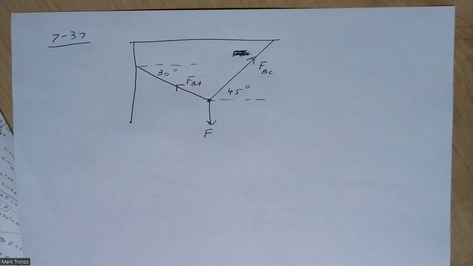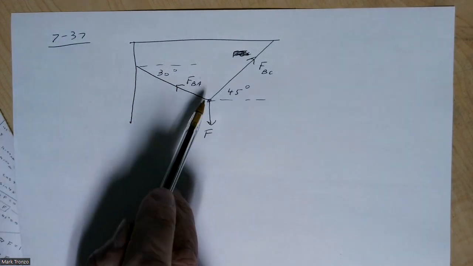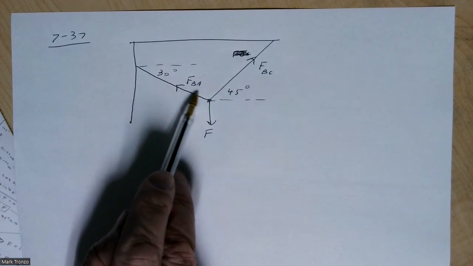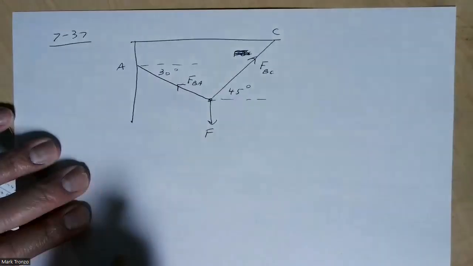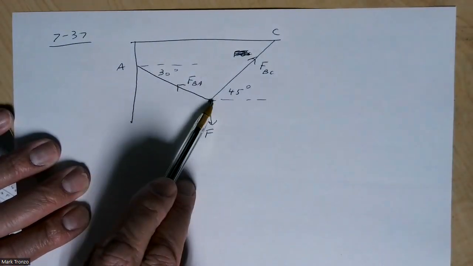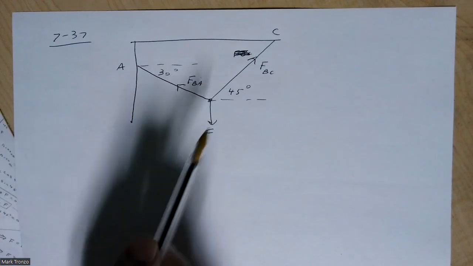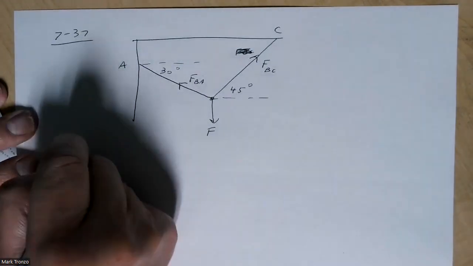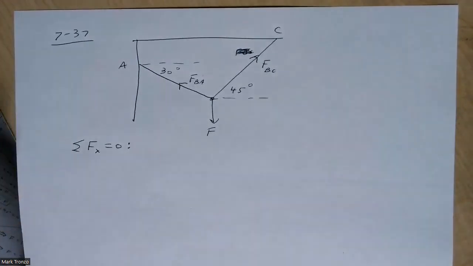Now for 7-37, what we're going to have to do first of all is find FAB or BA, whatever you want to call this one, because this was A and this was C. So we're going to have to find FBA in terms of F, and then find FBC in terms of F. So what we're going to have to do is sum the forces in the x direction.